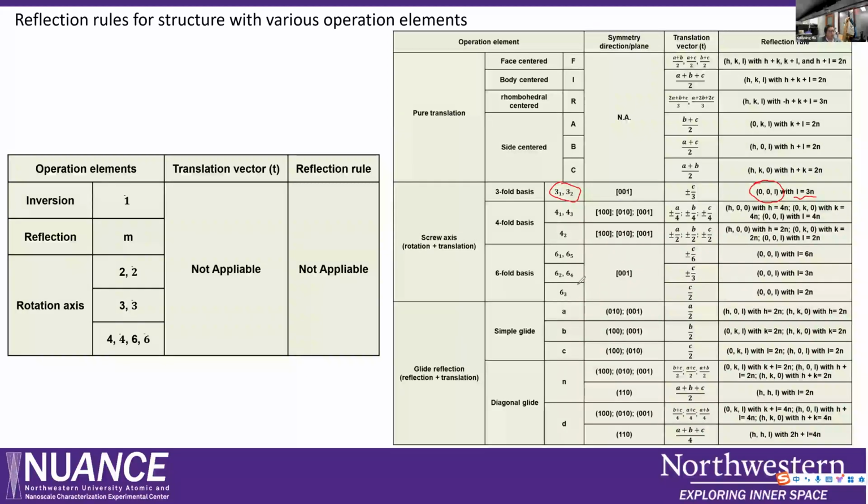And for 61 and 65, I mean 00L, L must be 6n. Only this can occur. So for microscopic symmetry operations, they always have many different kinds of rotation rules.